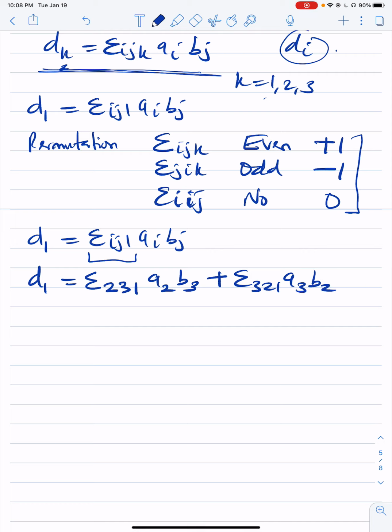Now, let's assume we're starting with i equals 1. If i is equal to 1 already, looking at e1j1 a1bj, this automatically becomes 0. Why? Because this is 0. So any of the values of 1 for this will not work.